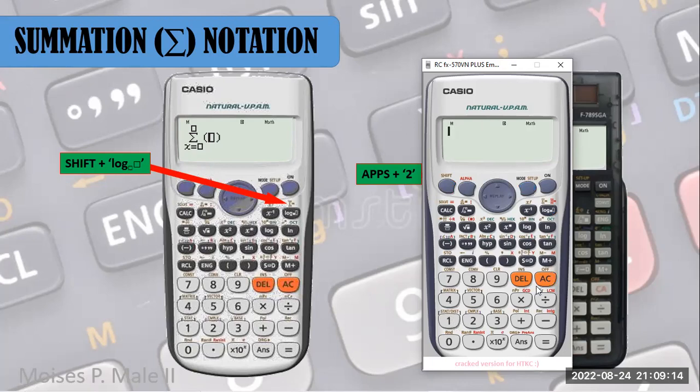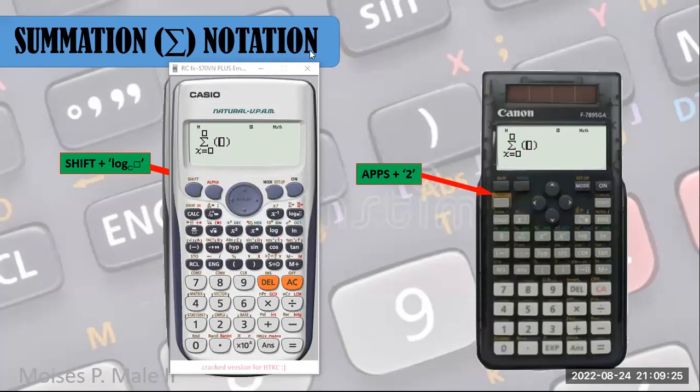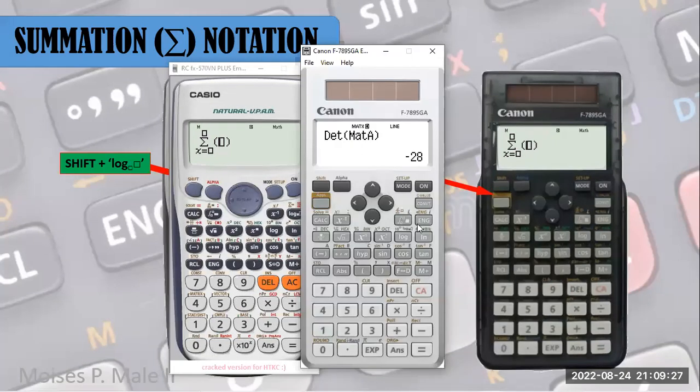As long as it's in stat mode, that's how the summation is written. Okay. This is CANON. Actually, this is the old model of CANON. This is the new one, but the functions are the same.